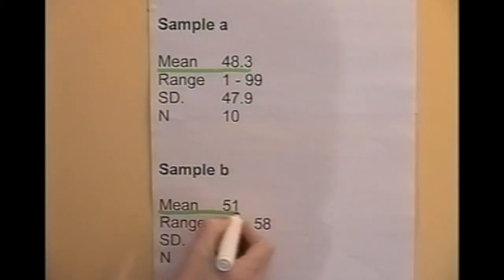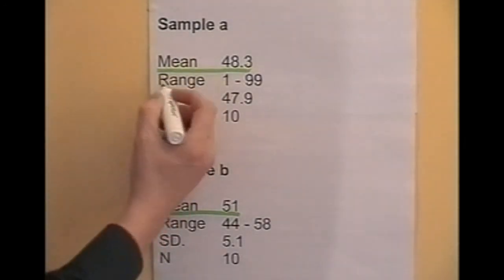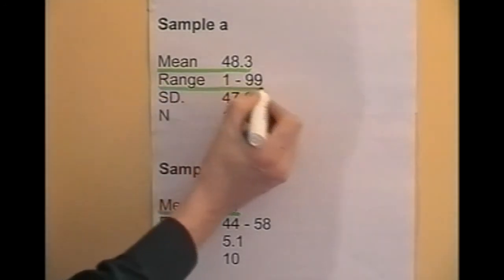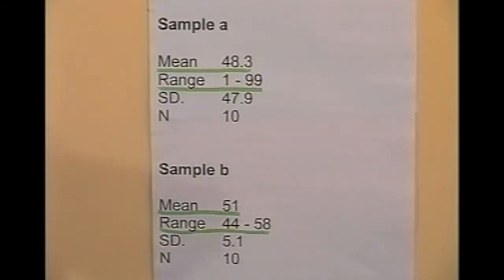So it didn't tell us that much really, other than the average value. But the range tells us a bit more, because the range was 1 to 99 in sample A, and only 44 to 58 in sample B. So sample A was more dispersed, sample B was more tightly clustered.